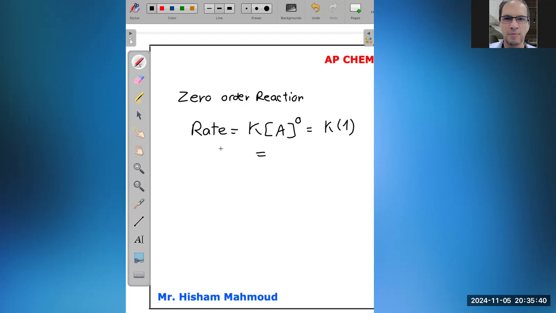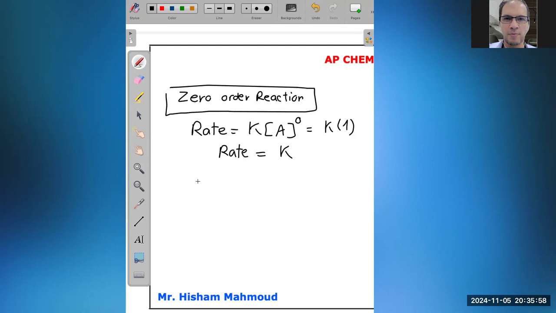So the rate depends on K only, not on the concentration. Whatever you do as a change to the concentration will not make any effect on the rate of the reaction. This is for the zero order reactions.